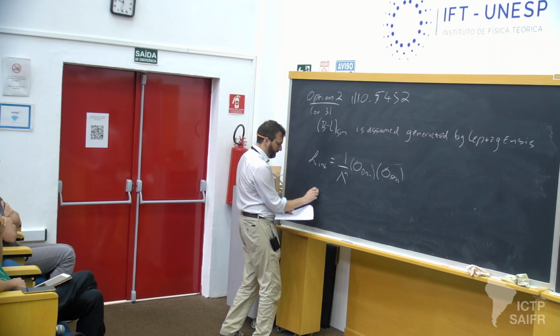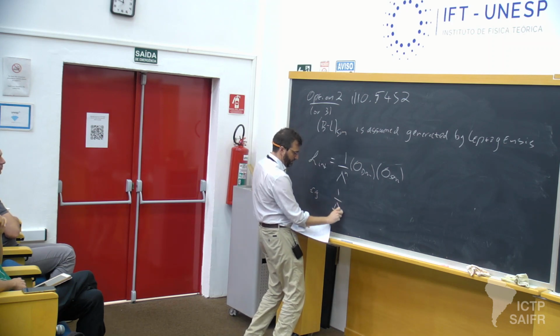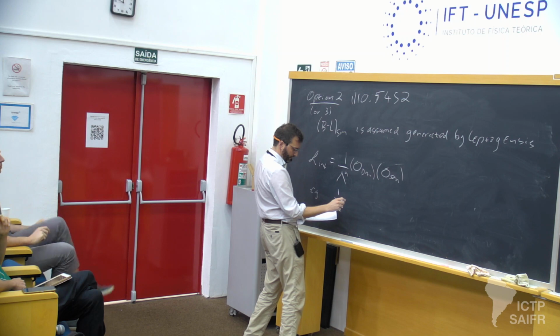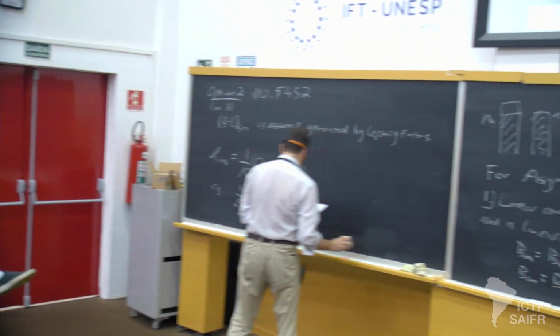For example, this operator could be 1 on lambda cubed. Let's see, I messed up in the notes.